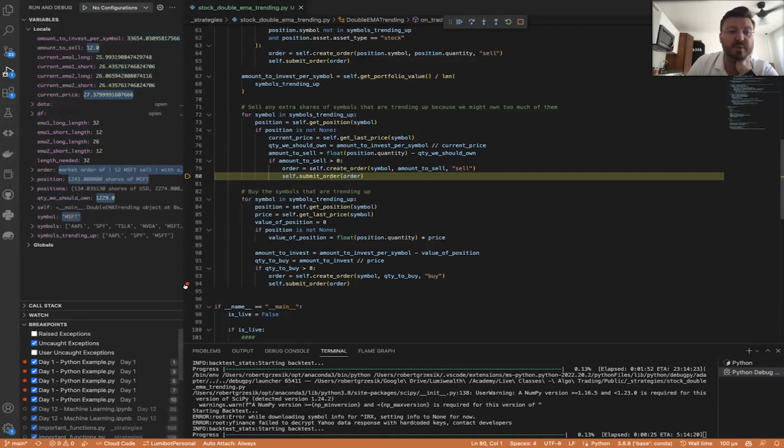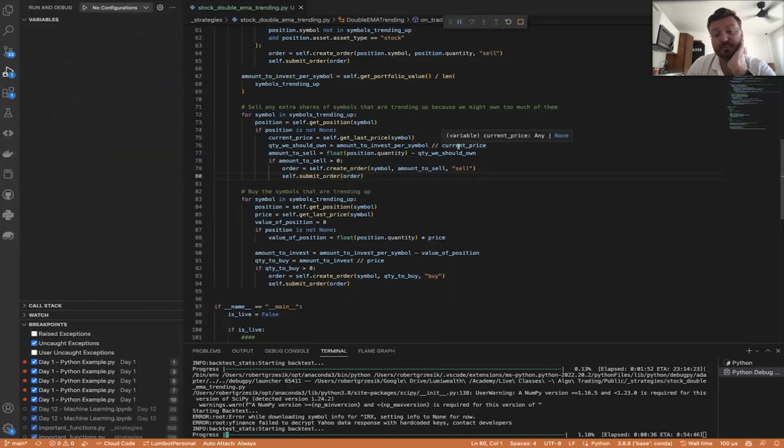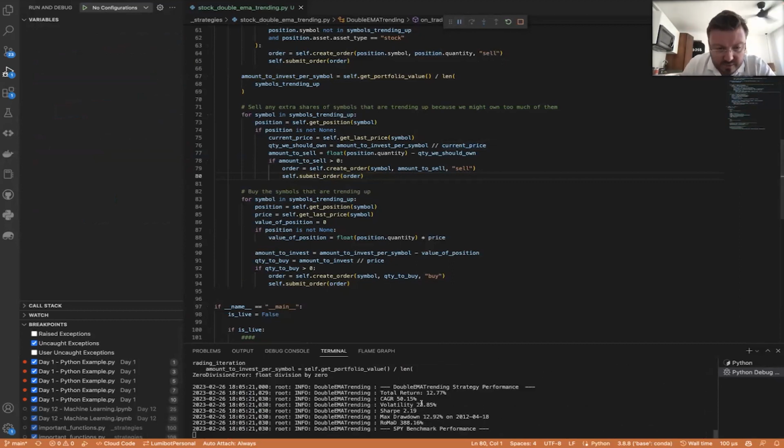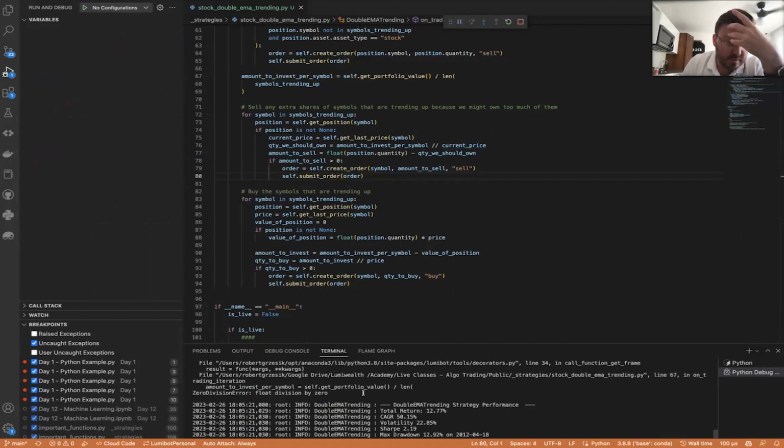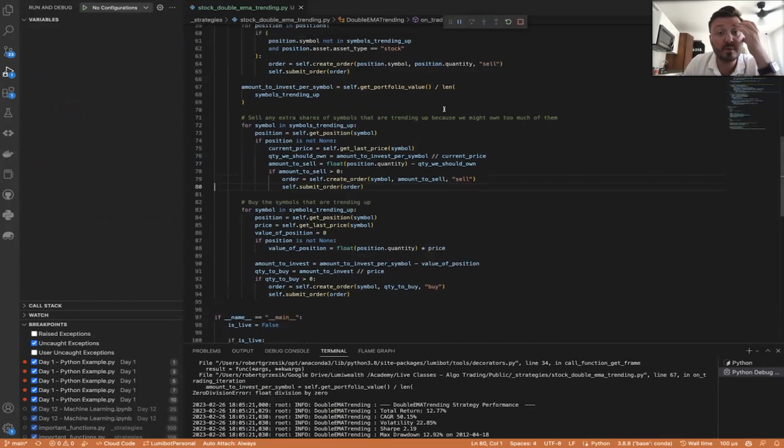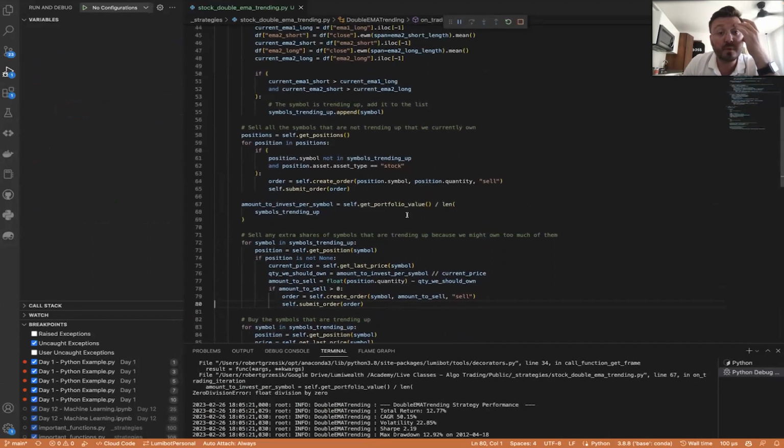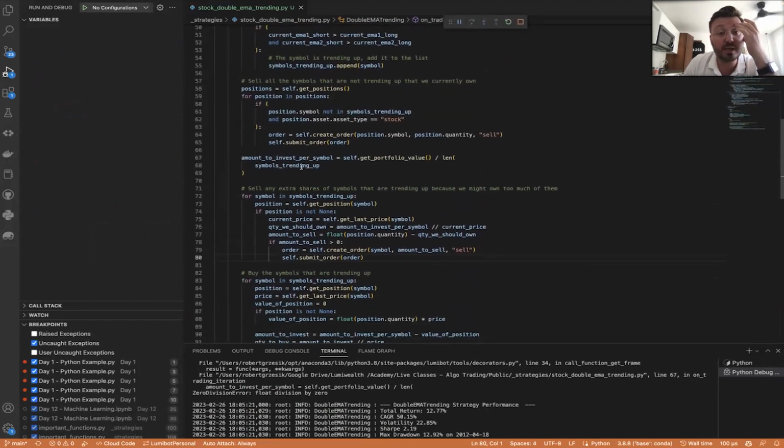So let me take away these breakpoints and let's run this and let's see if this thing makes any money. All right, we'll let this thing run, okay? Okay, can't divide by 0. Okay, so we should check if symbols trending up is greater than 0.